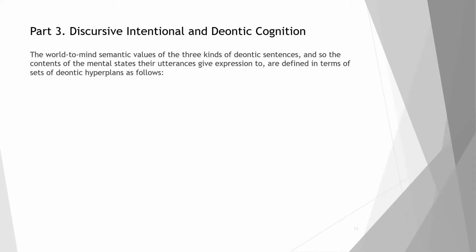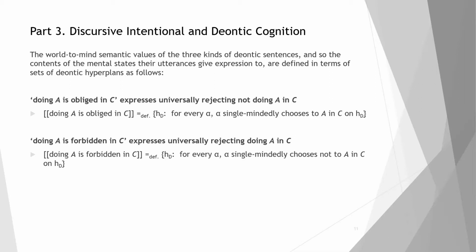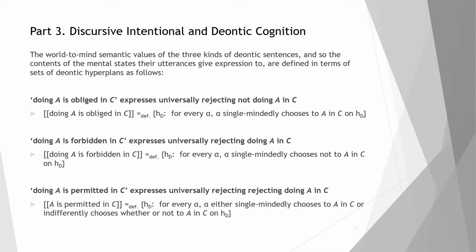To say that doing A is obliged in C expresses universally rejecting not doing A in C. That is to say, it's the set of deontic hyperplans where every agent chooses single-mindedly A in C. To say that doing A is forbidden in C expresses universally rejecting doing A in C, which is the set of hyperplans where every agent chooses single-mindedly not A in C.